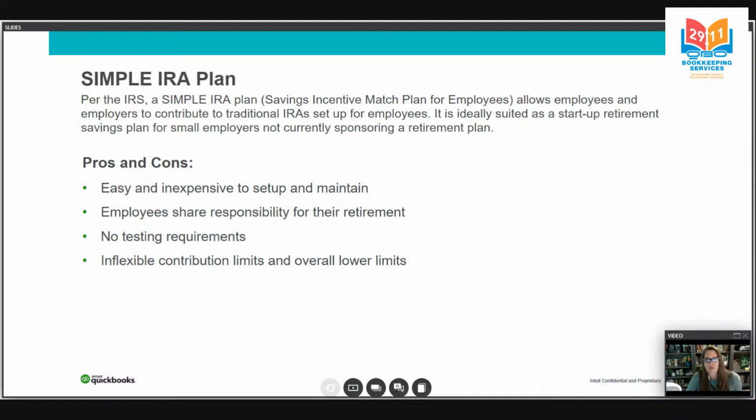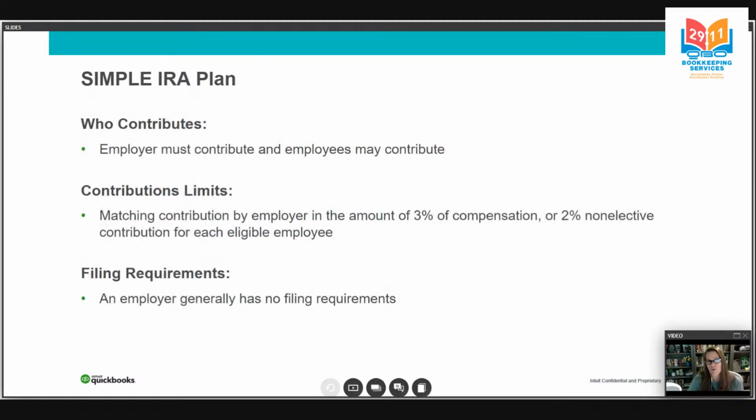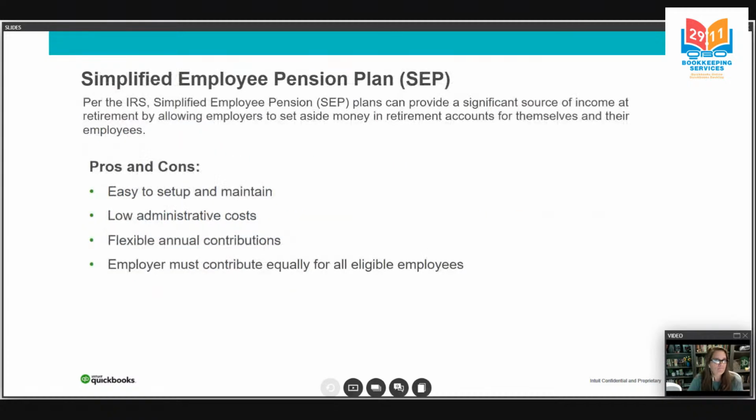Like I said, just research it and figure out what's going to be best for the employer and the employee, and also what's going to be available within the employer's budget. Employer must contribute and employees may contribute. The matching contribution by employers for a simple IRA is 3% of compensation or 2% non-elective contribution for each eligible employee, and there's no filing requirements for the employer.